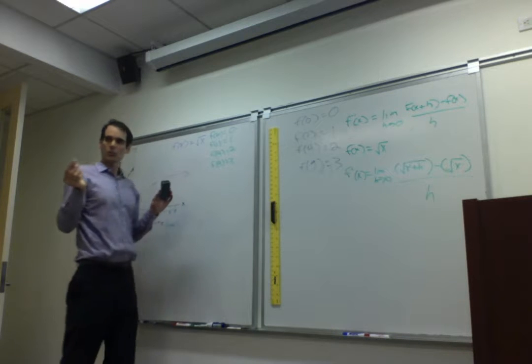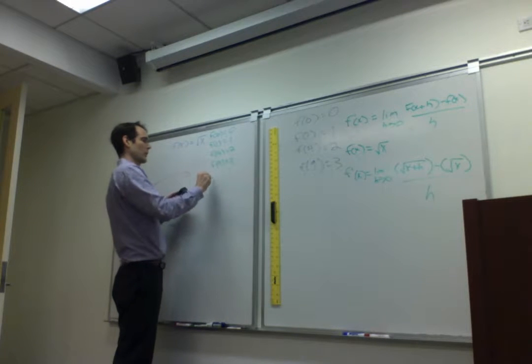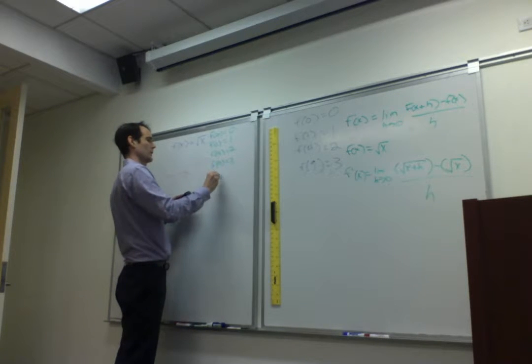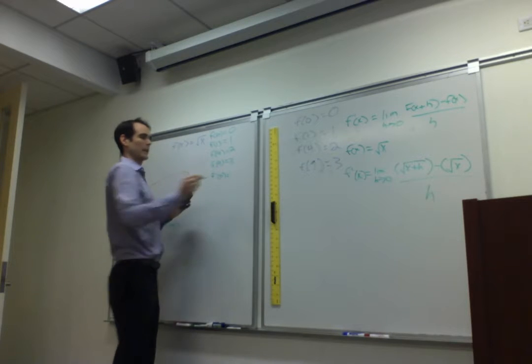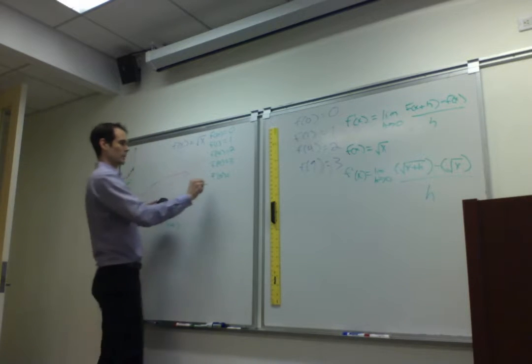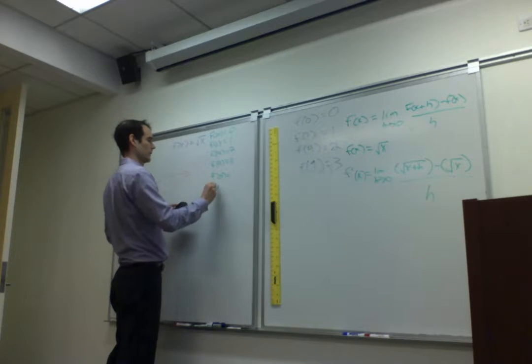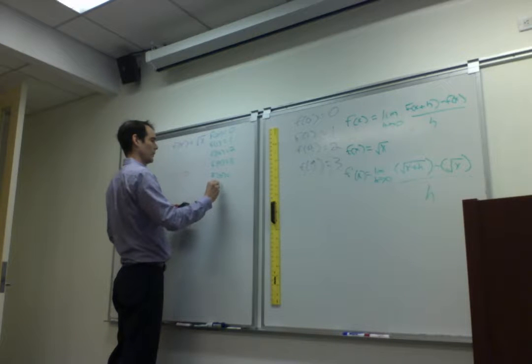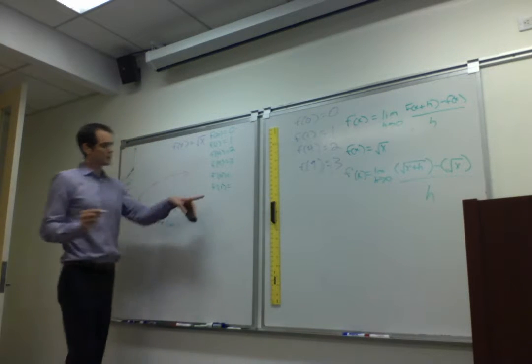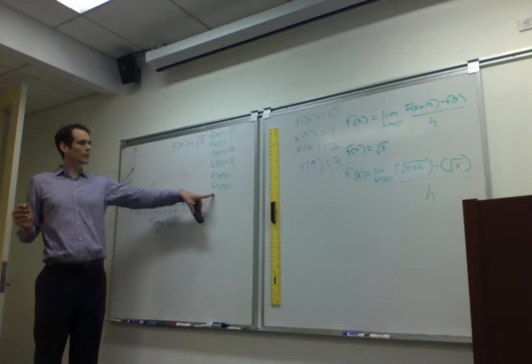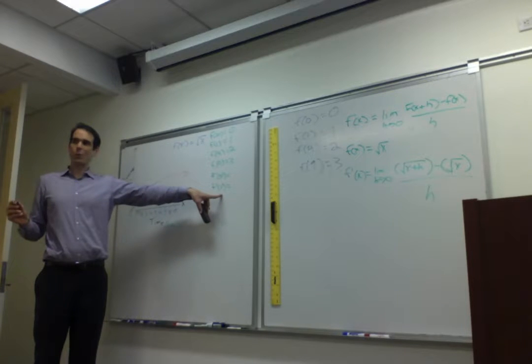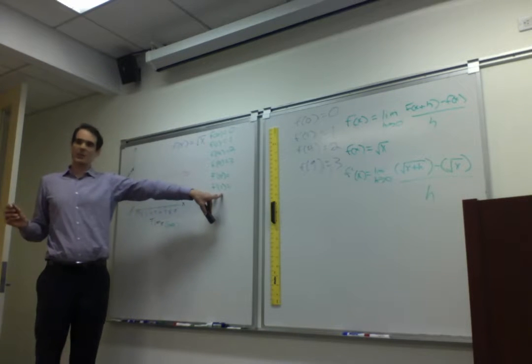But we want to know some information about the rate of change. I want to know the rate of change at 0. f prime of 0 equals what? I also want to know the first derivative, f prime of 1 equals what? So when I say I want the derivative of f at point 1, what question am I asking?